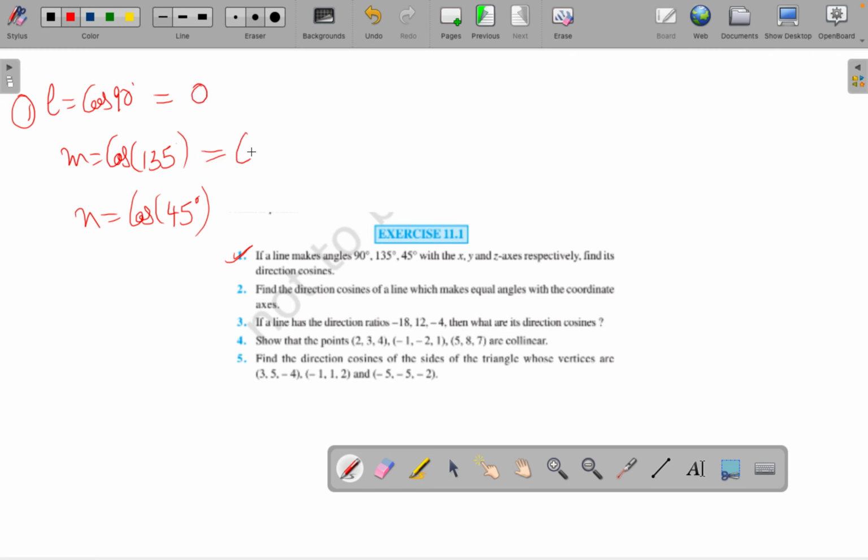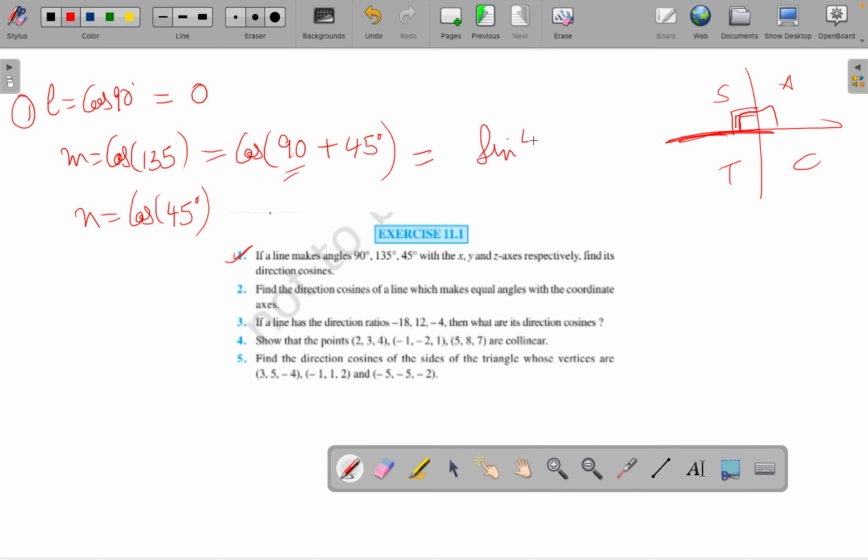Cos 135, can I write it as cos? If you want to write, can I write 90 plus 45, children? 90 plus 45 means second quadrant. After school to college, 90 plus theta is in the second quadrant. Right, this is till 90, this is 90 plus theta till 180, right? So second quadrant, and since it is 90, the angle will change.